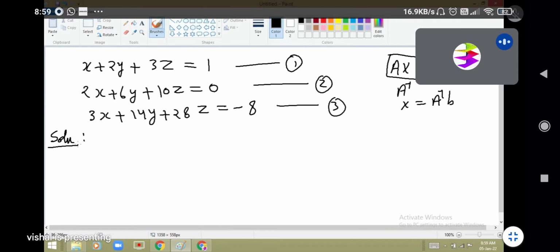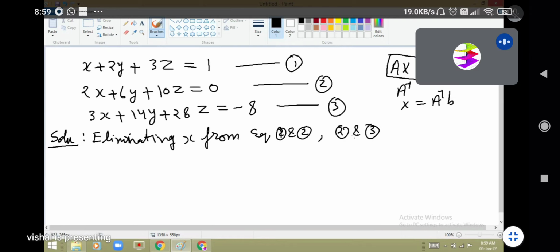How we will remove? Eliminating x from equation 1 and 2, 2 and 3.